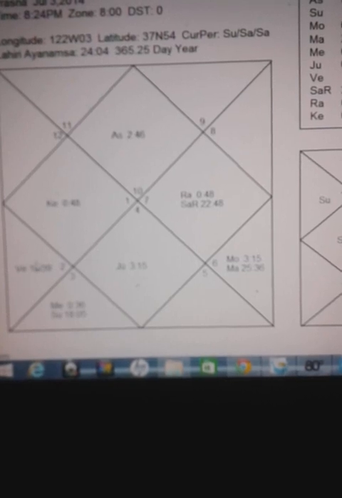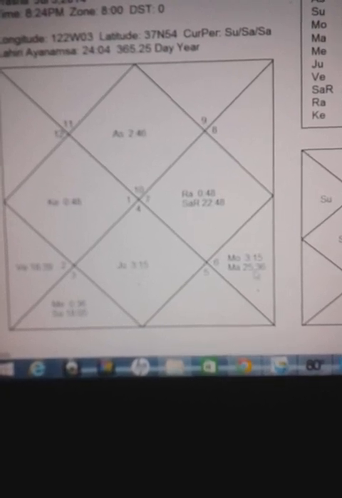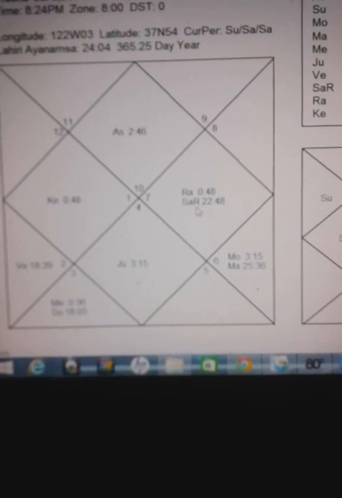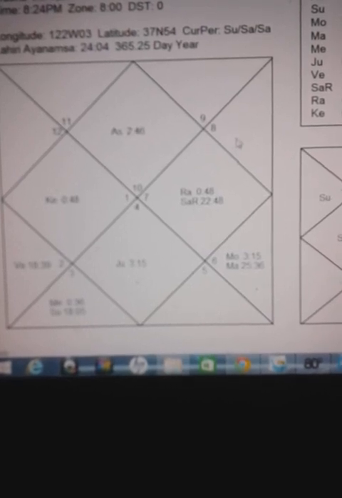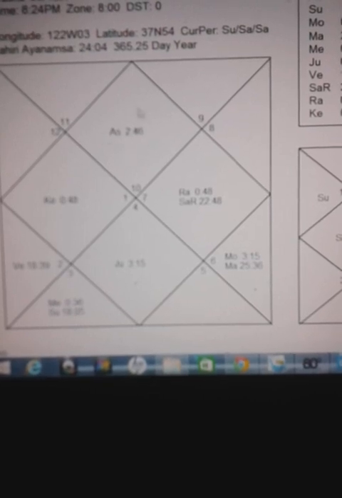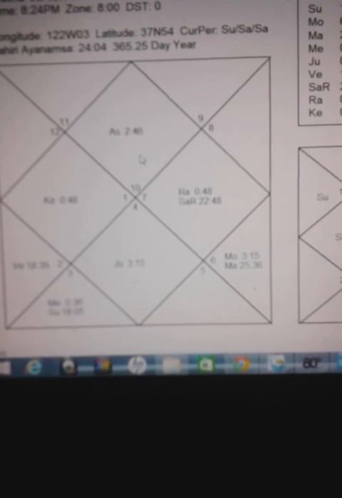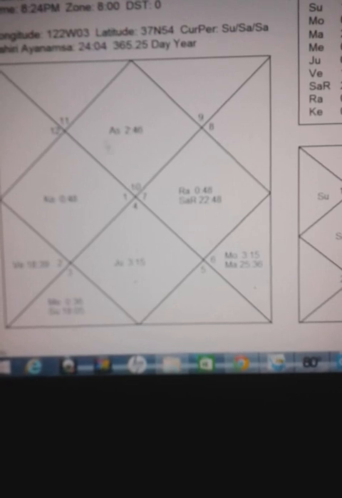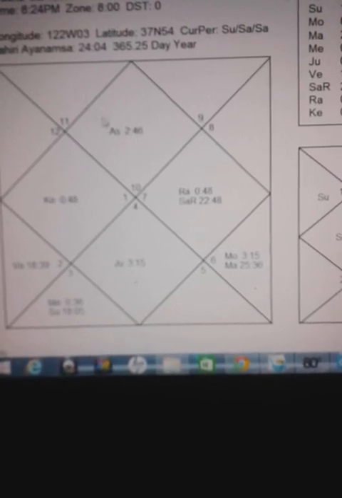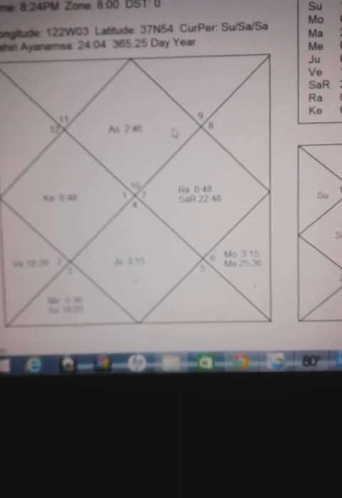Then it comes to the sign of Taurus, then Gemini, then Cancer, then Leo, then Virgo, then Libra, then Scorpio, then Sagittarius, and then again, as we've already done, the first house, which is ruled by Capricorn.